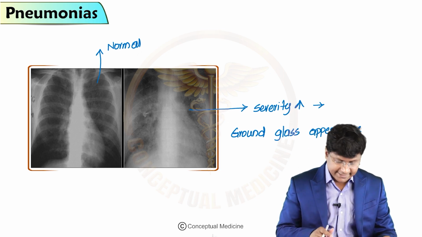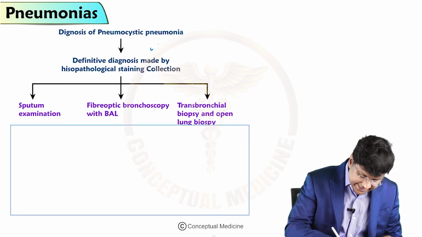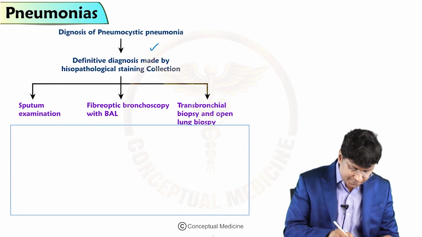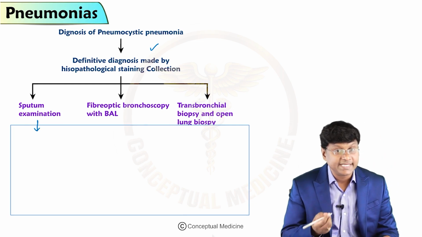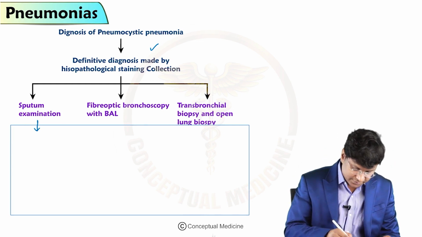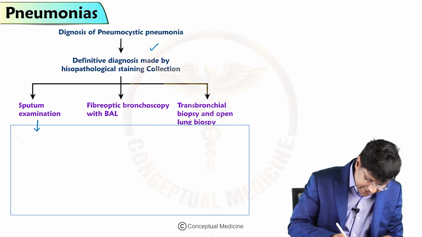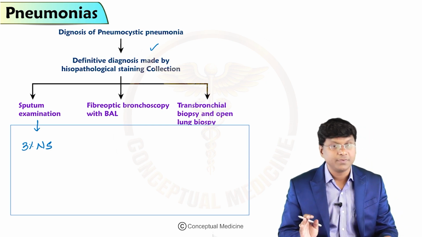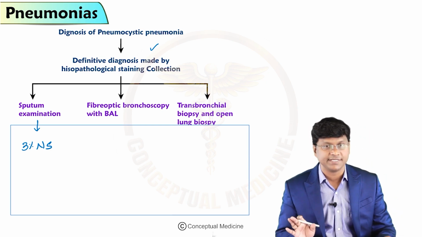Now, followed by that, if you see the definitive diagnosis: sputum production is done by induction, or by inhalation of hypertonic saline, and this sputum has to undergo methenamine silver staining.